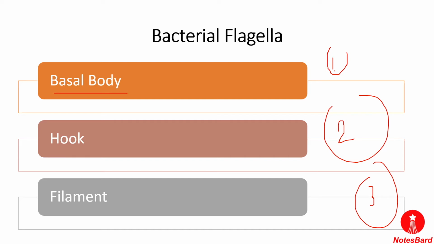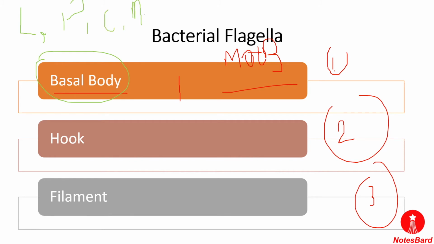It consists of rings surrounded by a pair of proteins known as MotB. These basal rings include the L ring, P ring, C ring, and MS ring.